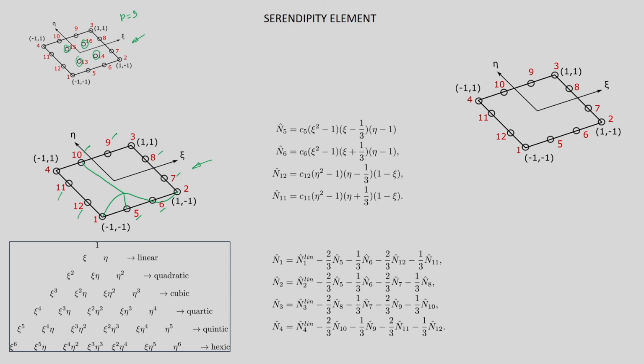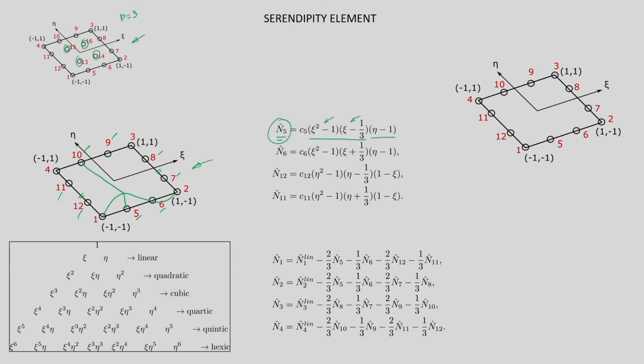Now, since this N5 is a product of this cubic shape function in xi and linear function in eta, we can see that since it is 0 at xi equal to plus minus 1 and xi equal to 1 by 3, along these two boundaries this N5 will be automatically 0.